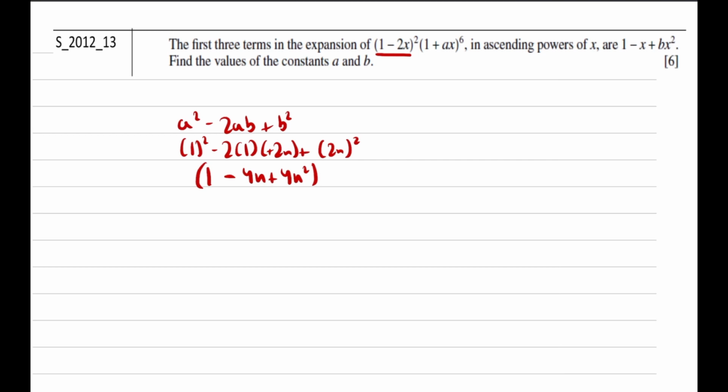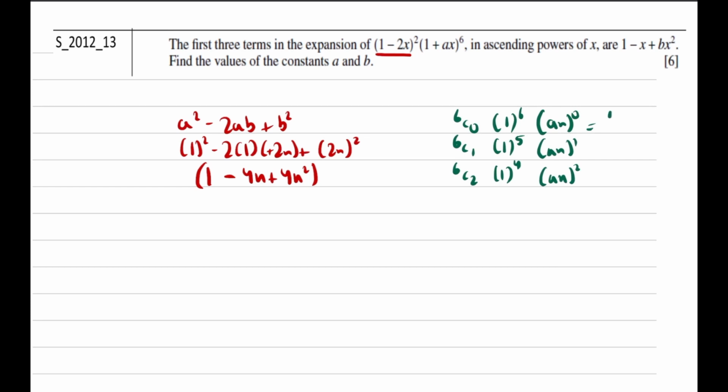हाँ, power 6 को आपको एक्सपैंड करना है. 6C0, 6C1, 6C2, 1, 1, 1. 6 minus 0 is 6, 5, 4. And then मेरा बच्चा (ax) power 0, (ax) power 1, (ax) power 2.